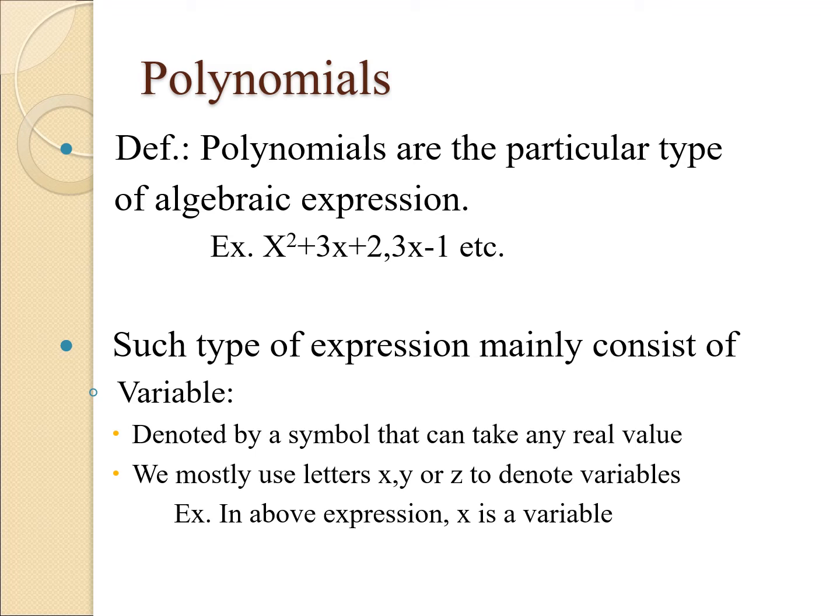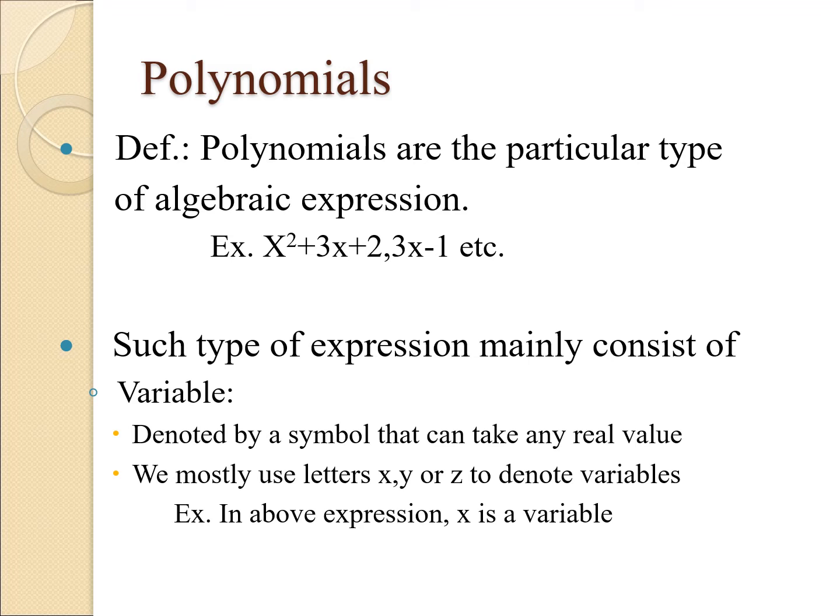Variable. I guess you people know what a variable is. In the examples mentioned, what is the variable? Yes, in x square plus 3x plus 2, x is a variable. Or in 3x minus 1, here also x is a variable. So what is a variable? It is the term which can take any value throughout the problem.